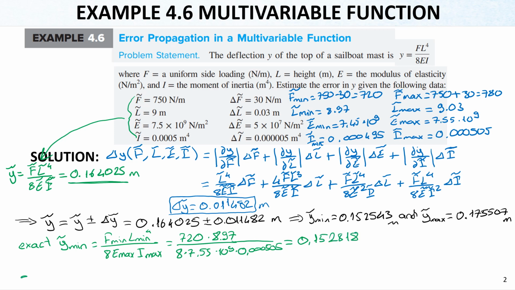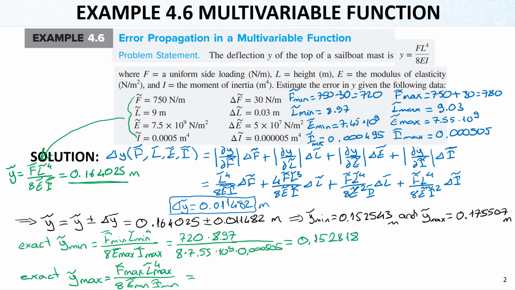We can also calculate the exact y max, which is F max L max to the power 4. Of course, these are the predictions anyway, because the question gave us the prediction values, divided by 8. This time E min, because if we divide by minimum values, we get a maximum value, and I min.